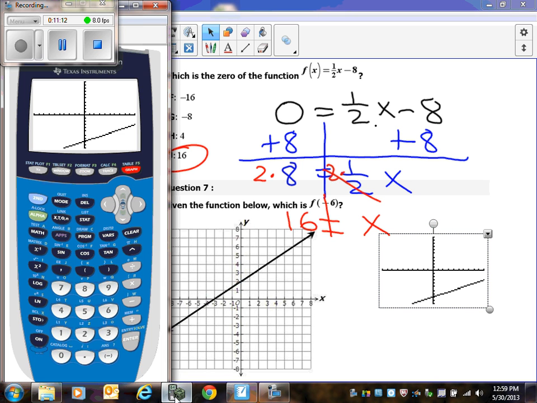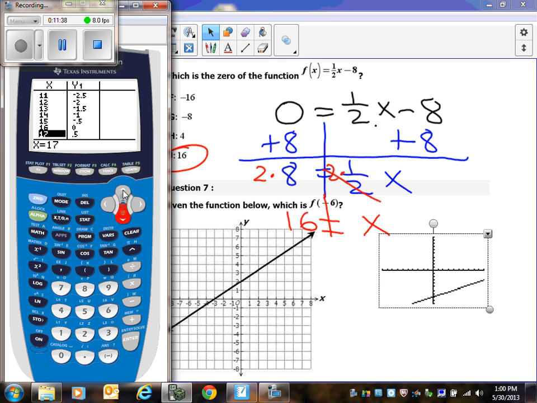Something else you can do is you can also look at the table. And I'm going to go ahead and set my table back to its default setting. Now let's go ahead and look at our table. And we're looking to see which x value gives us a y of 0. And it was right here. Alright.